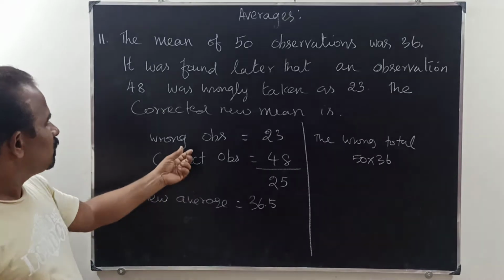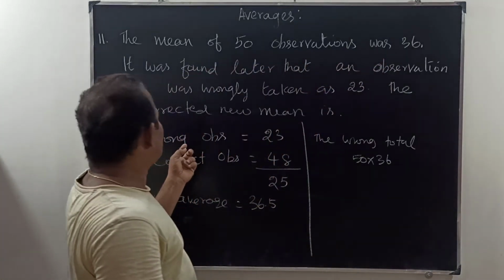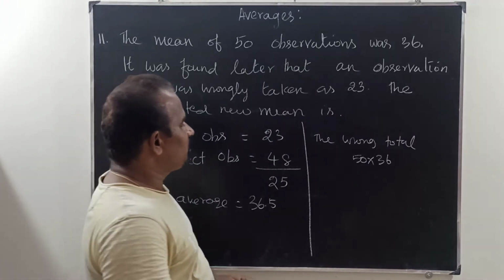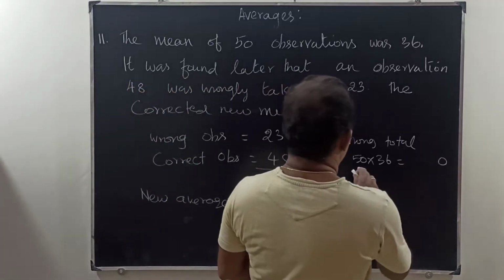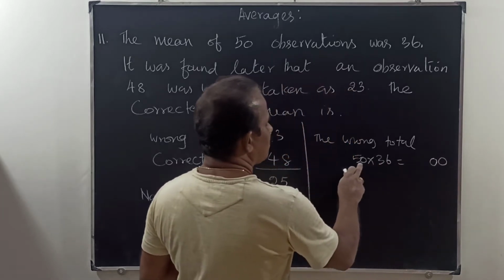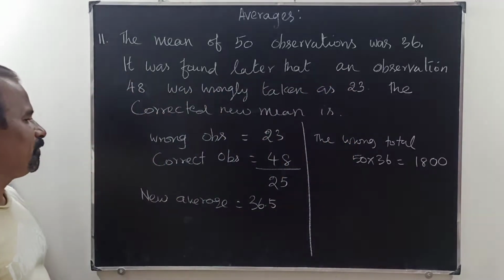This total is wrong because the observation has been taken wrongly. So this is nothing but 1800, the wrong total.